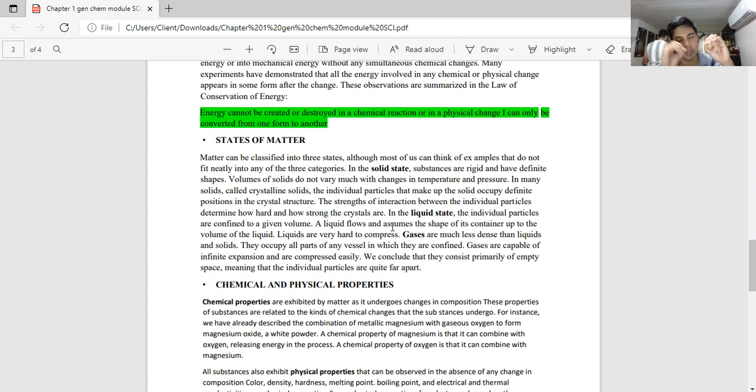Gets? Okay. Then for your gas, the distance between them is far from each other. They have distance, and they occupy the space of their vessel.